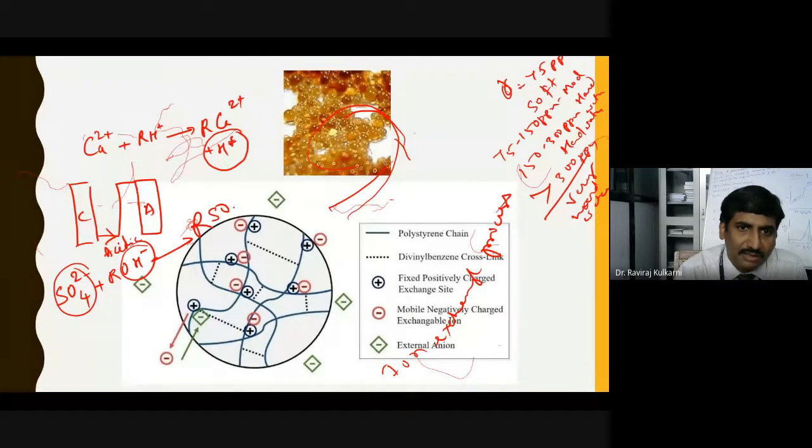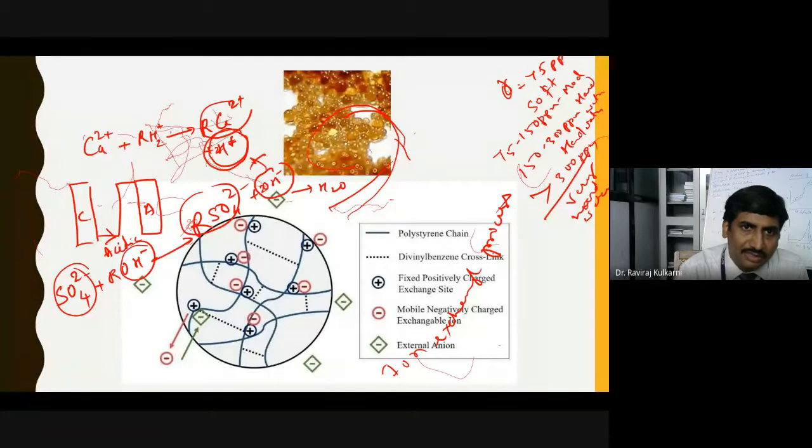SO4 minus 2 will sit on the resin, and OH minus ions come into the solution. These 2H plus ions, acidic ions, and the OH minus ions combine together to form water again. Sulfate ions sit on the resin.